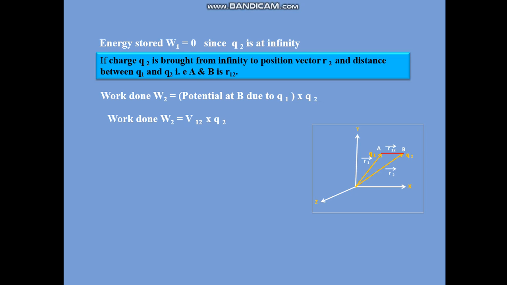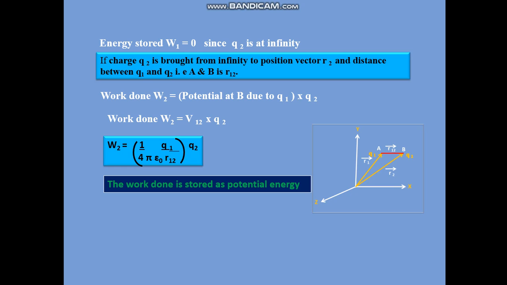So we have the work done W2 is equal to V12 into q2. V12 is 1 upon 4 pi epsilon naught q1 upon r12, multiplied by q2 gives you W2, the work done. The work done is stored as potential energy. Therefore, U is equal to 1 upon 4 pi epsilon naught q1 q2 upon r12.